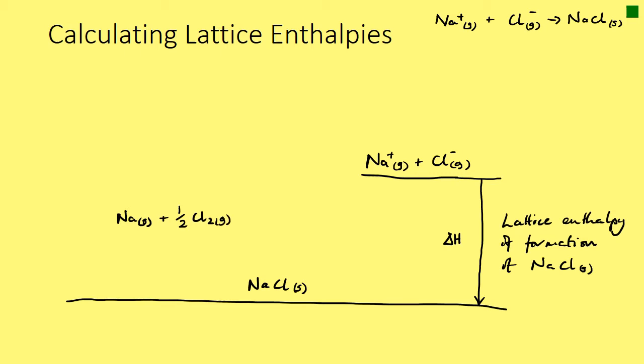So that is their standard state. And let's say they have an energy level like that. And so this difference in energy is the normal enthalpy of formation. You can look that up, it's quite easy to find in an experiment, but for sodium chloride that's minus 411 kilojoules per mole.